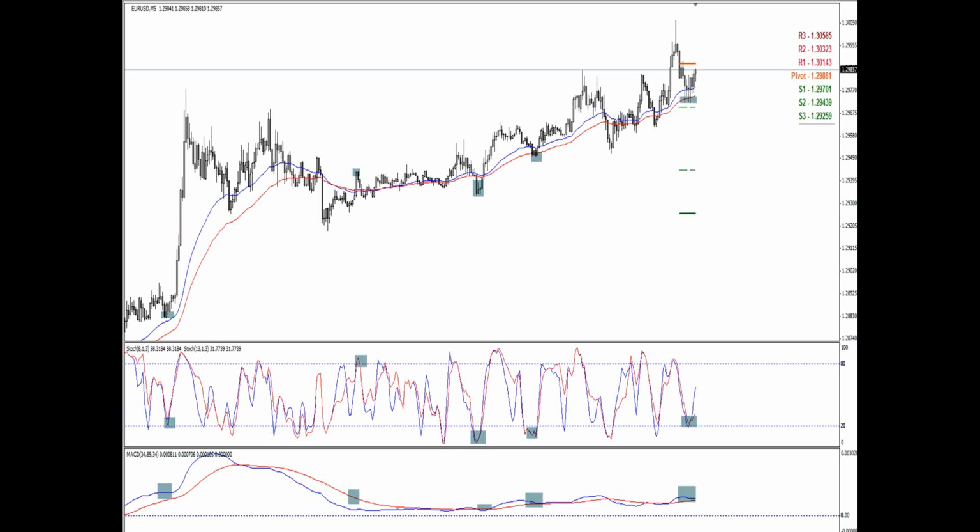At that time there were some stress tests issued by European central banks. So if you remember, there was a lot of volatility in the market.